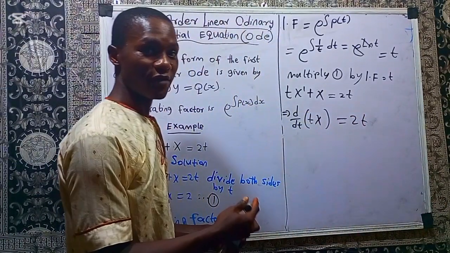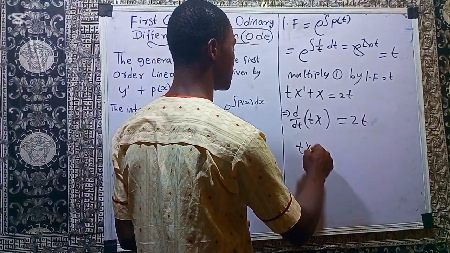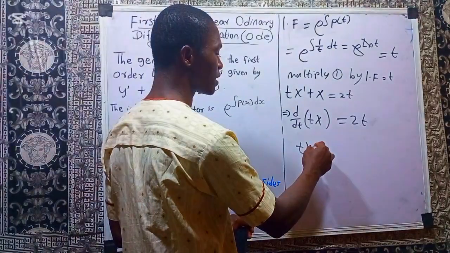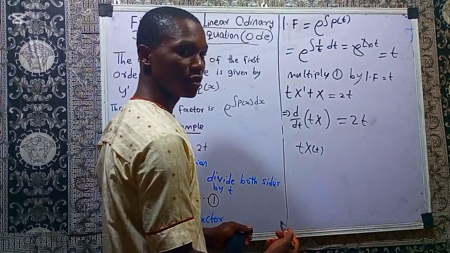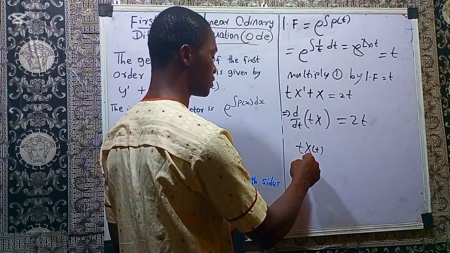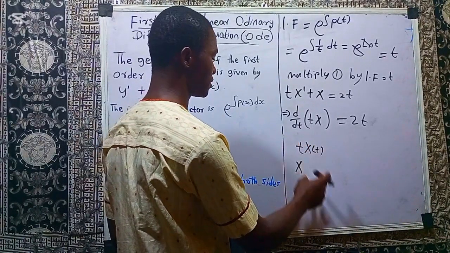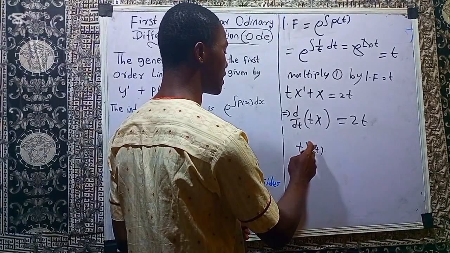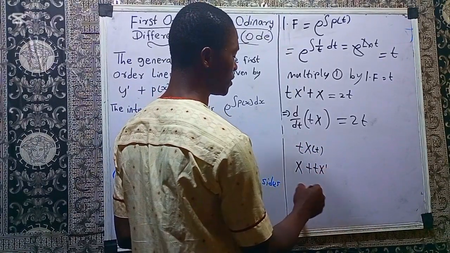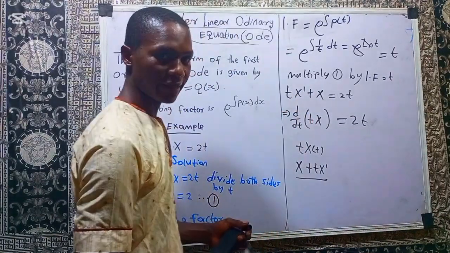So if you want to verify it, differentiate tx. Now x depends on t, so x is just like x of t. If you differentiate using the product rule, differentiate t and keep x, you have x, because the derivative of t is 1. Plus differentiate x and keep t, you have t x prime. So this is the same thing as what you have at the left hand side.